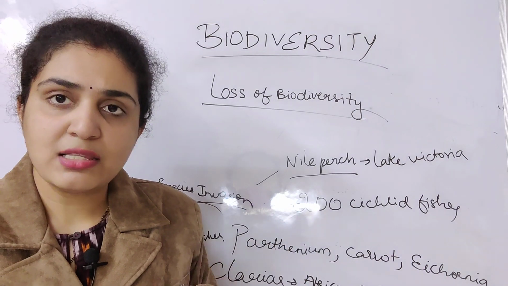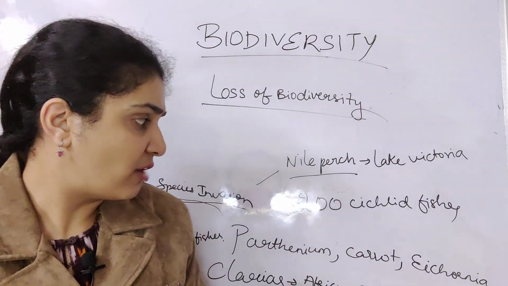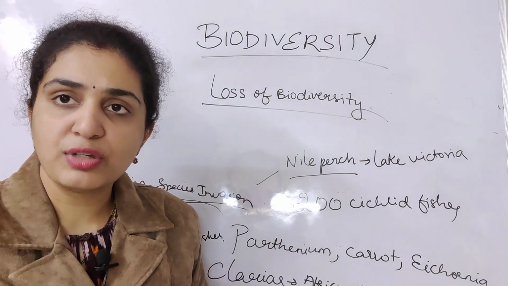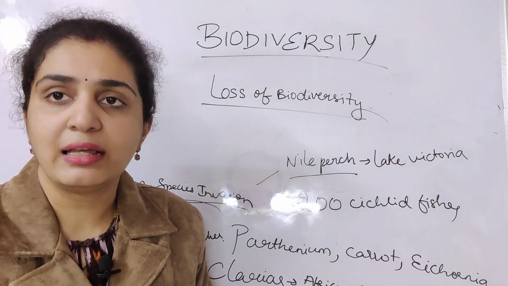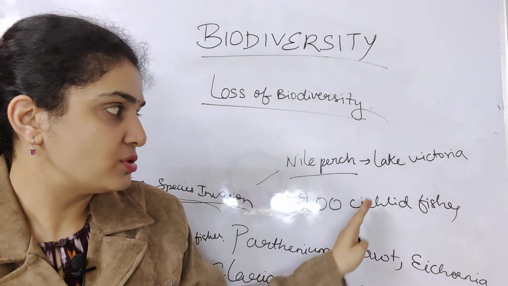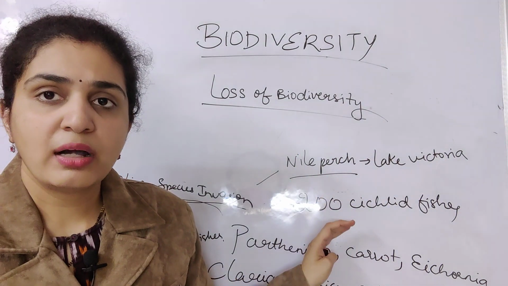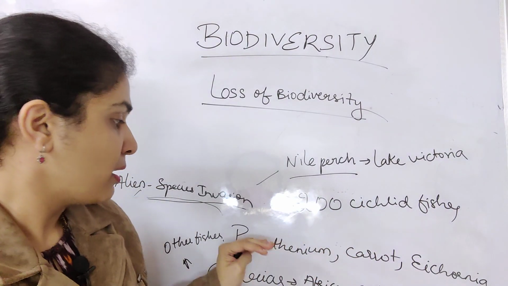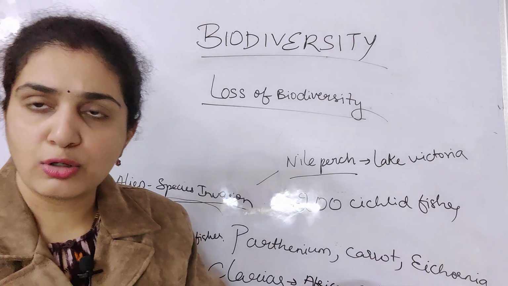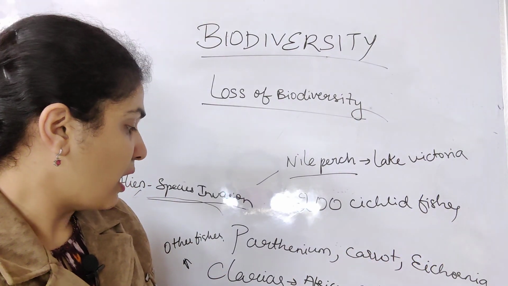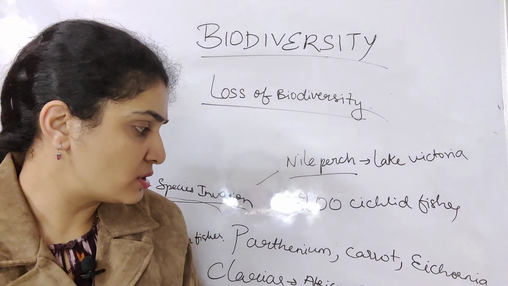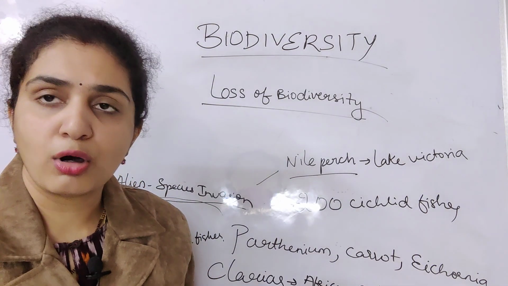When alien species are introduced into the environment, those which are living there will get extinct. The famous example is Nile perch, introduced into Lake Victoria, 200 fishes got extinct. Parthenium, carrot grass, Eichhornia, which were introduced, also caused extinctions. Then African catfish Clarias, when introduced, numerous fishes got extinct.